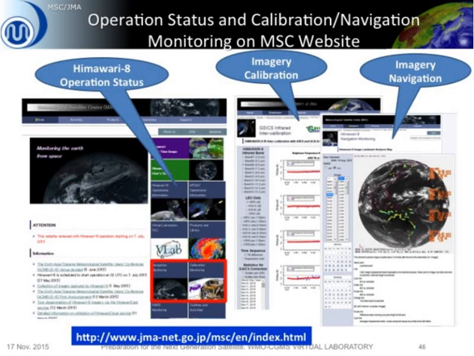So far, I have been talking about operational information for Himawari 8. Those information, such as Himawari 8 operation status and calibration and navigation status, including the information on eclipse effect, are all available on MSC website.